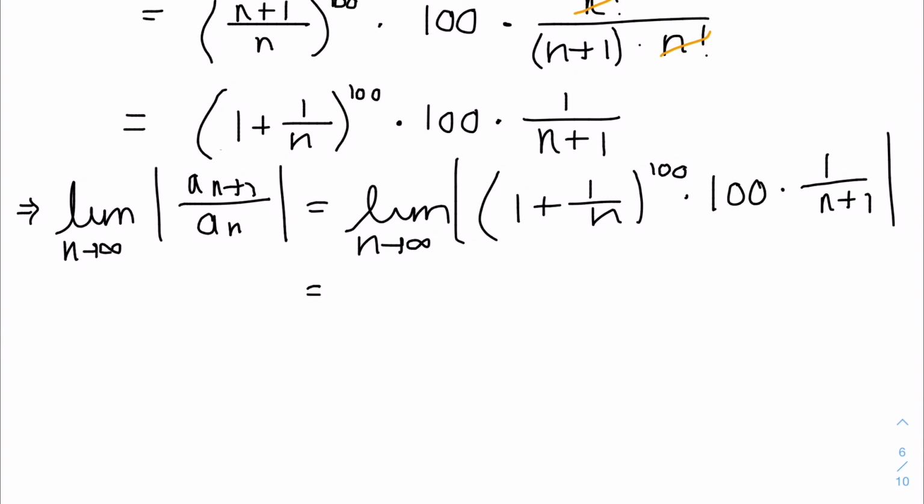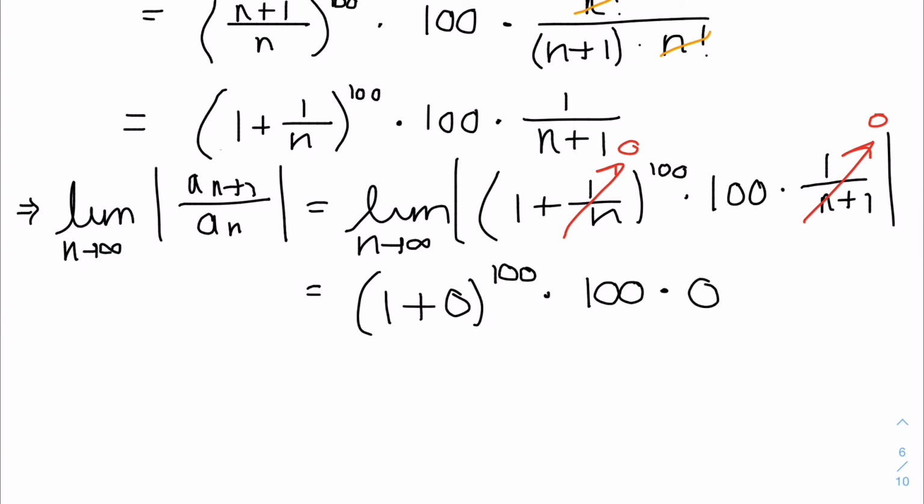If you think of what's going on in the limit, this goes to 0, this goes to 0. So this is equal to 1 plus 0 to the 100 times 100 times 0. So this thing goes to 0, which is definitely less than 1.